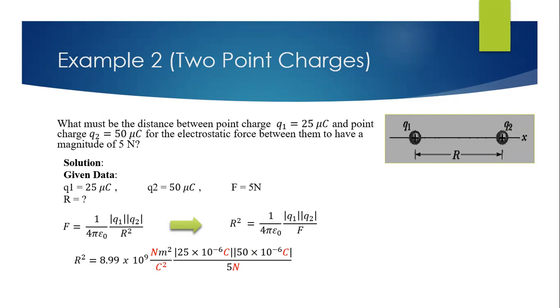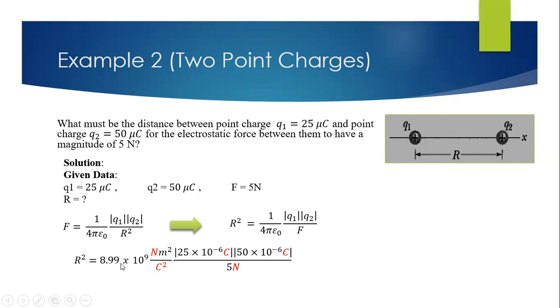So for this, again, we will rely on Coulomb's law for 2 point charges. And Coulomb's law states that F is equal to 1 over 4 pi epsilon naught Q1 Q2 over R square. Before putting in the values, we have a necessary step where we interchange F and r square. Now if we take the square root of this r square, we will find our required result.